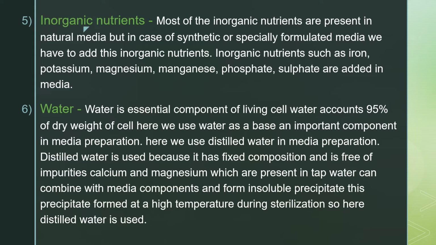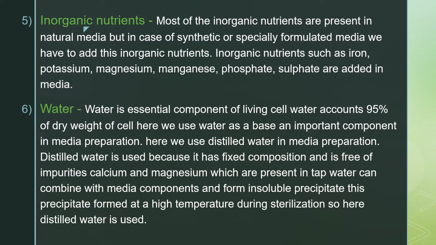Now here water is the important component and we use distilled water. Why? Because the exact composition of distilled water is known, and tap water contains some impurities like calcium and magnesium. Now what can these impurities do?